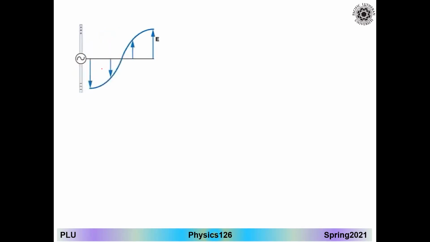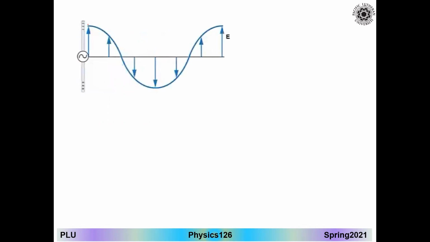By doing that, we create an electric field pointed up and down based on the direction of the source. By continuing this, you end up with a wave, what we call the electric wave, or electromagnetic wave.